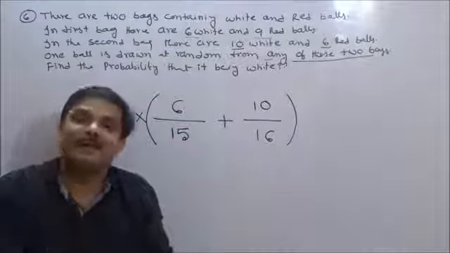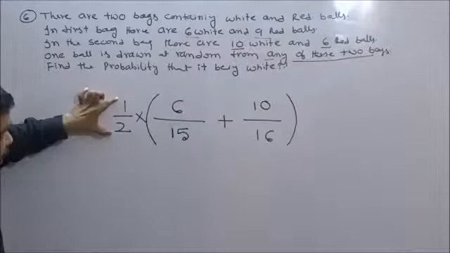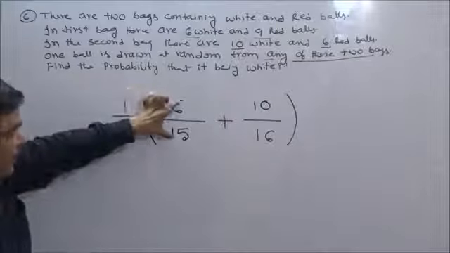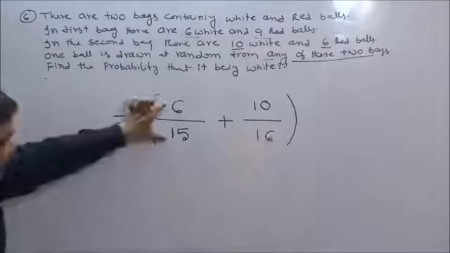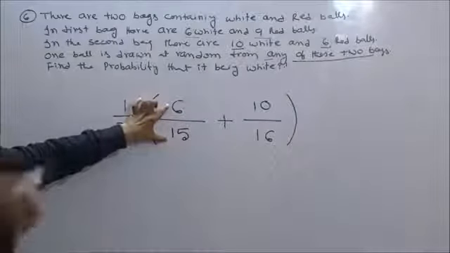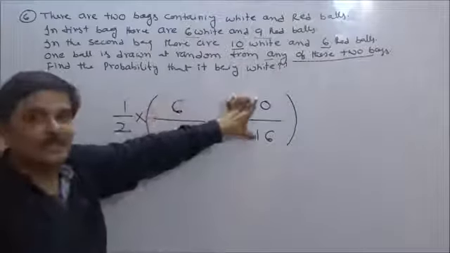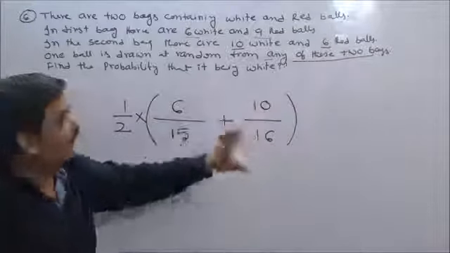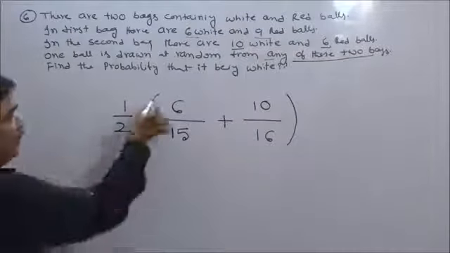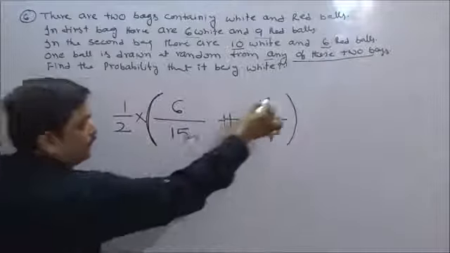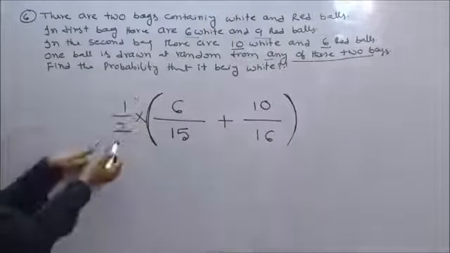This is the way, right? Now your final answer is half into this one plus half into this one, right? Getting this one is half probability, because any of these two. Getting this one is half probability. Instead of writing half into this one plus half into this one, I have explained it in this way. First this one will become half.